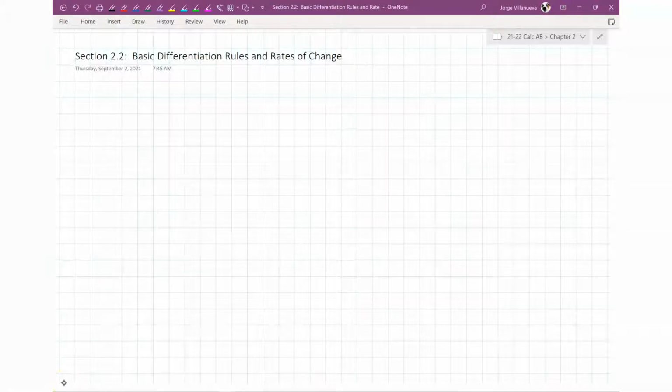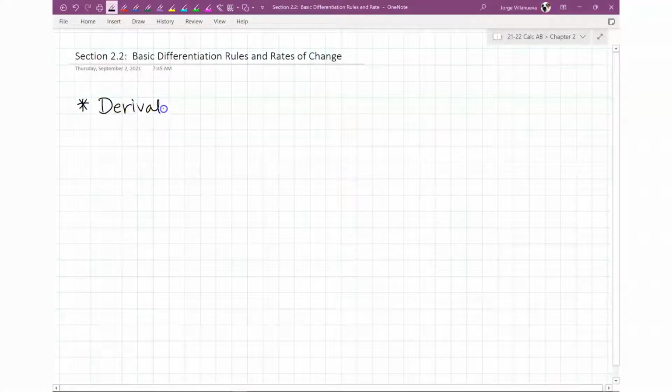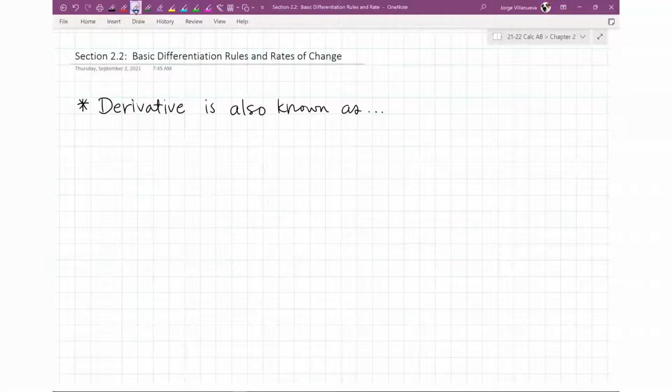All right, so right now, we're going to talk about the derivative, okay? So the derivative is also known as, they might give it different names.